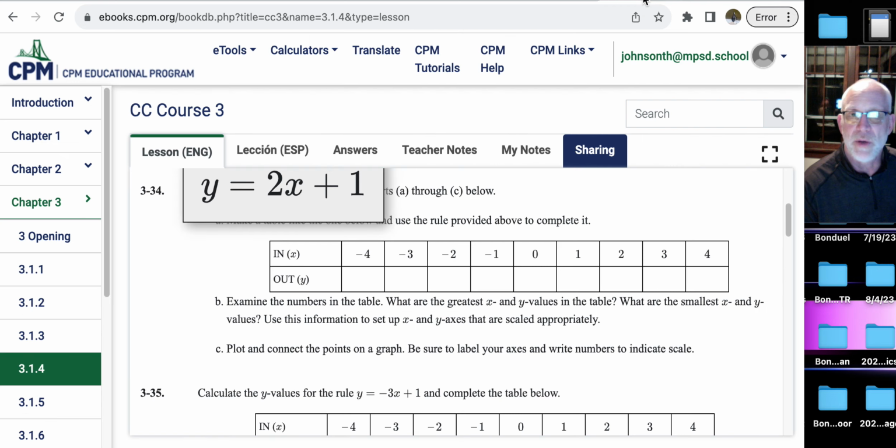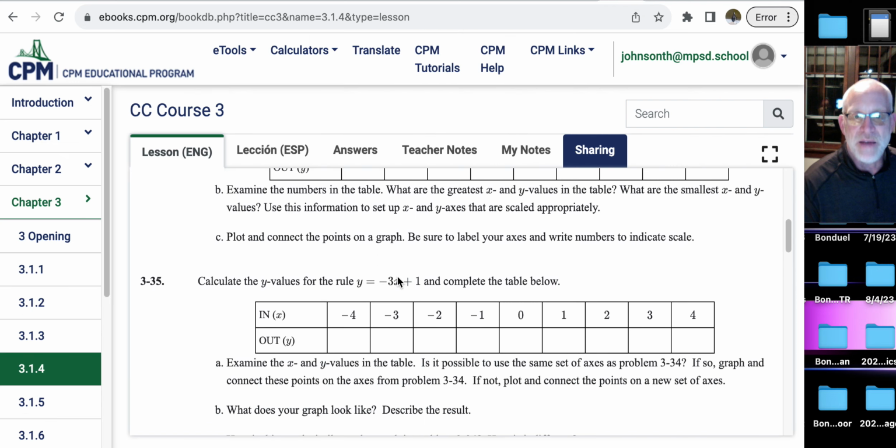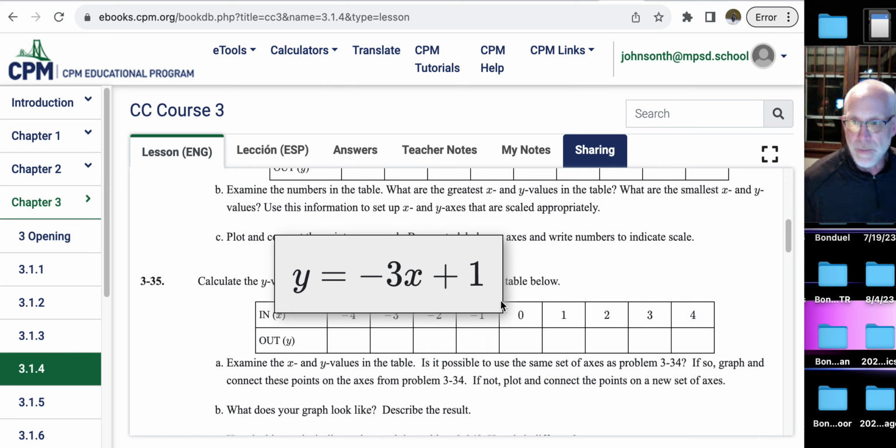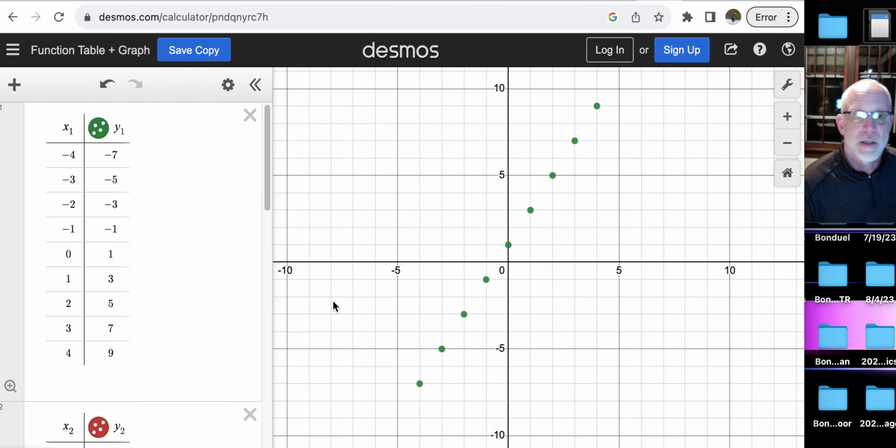All right, the second equation that we entered was we have to multiply by negative 3, or make it 3 times bigger, change its sign, and then add 1. All right, let's do that. I'm going to turn these off.